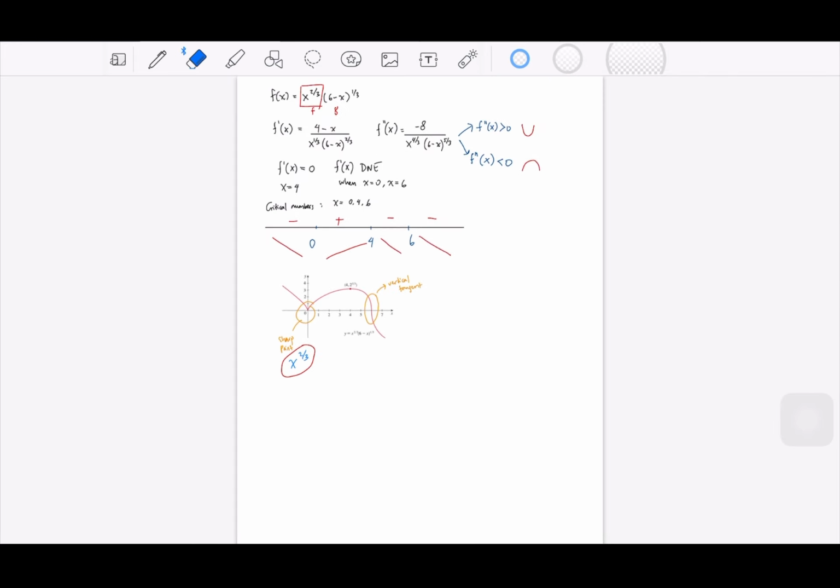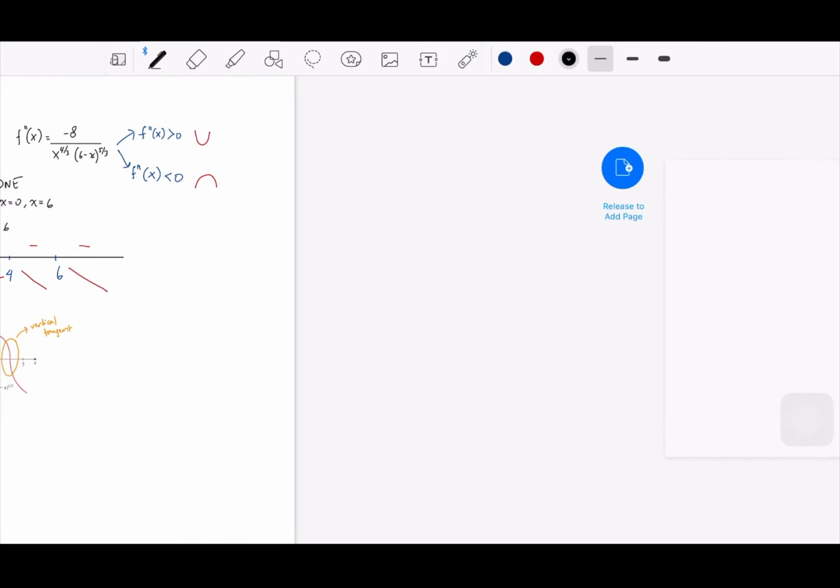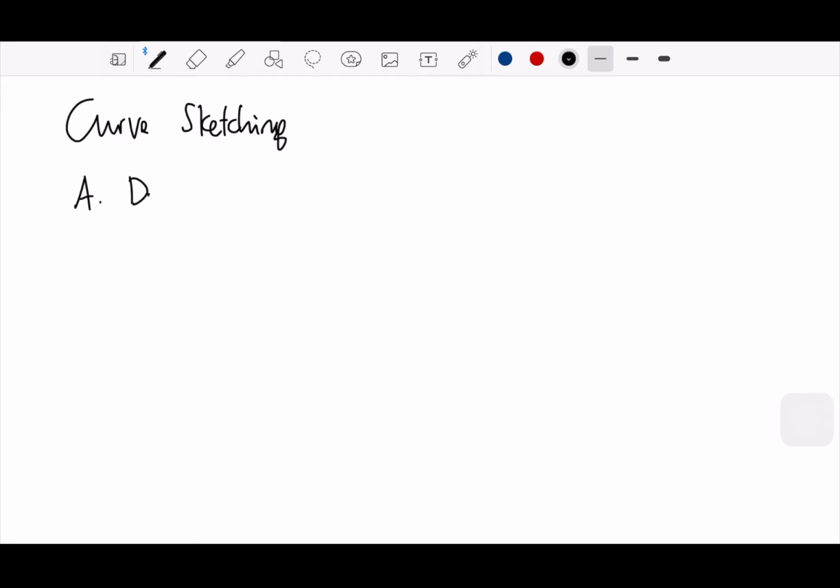Okay. Now the summary for the curve sketching. Let me give you a more detailed review. So curve sketching: first of all, we start by looking at the domain, so finding the domain of functions.